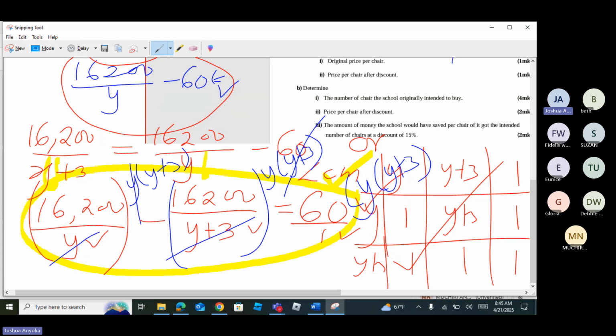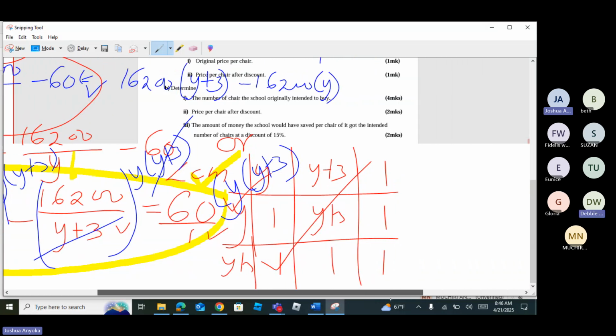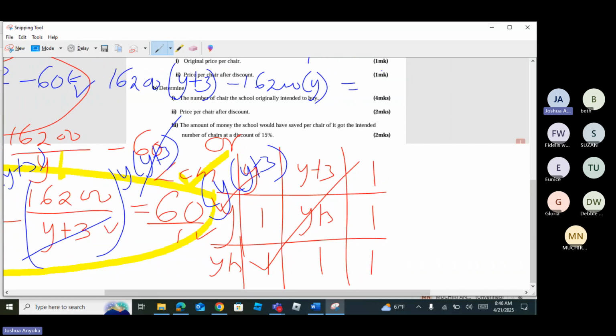What will come out is 16,200 into y plus 3, minus 16,200 into y, equals 60y into y plus 3. If we expand this, we get 16,200y, 16,200 times 3.